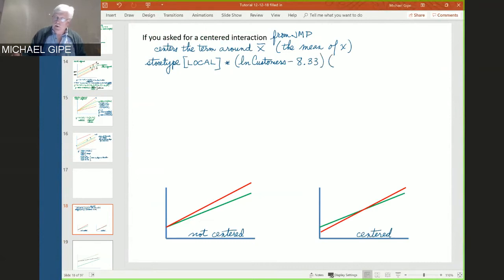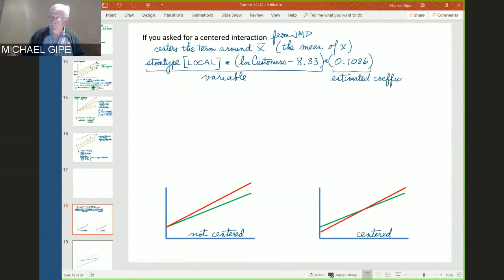And then finally you have the estimated coefficient, 0.1086. So this is the variable store type times log of customers, and this is the estimated coefficient, what you find in the table.